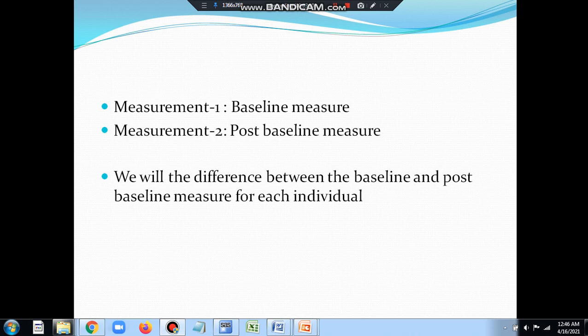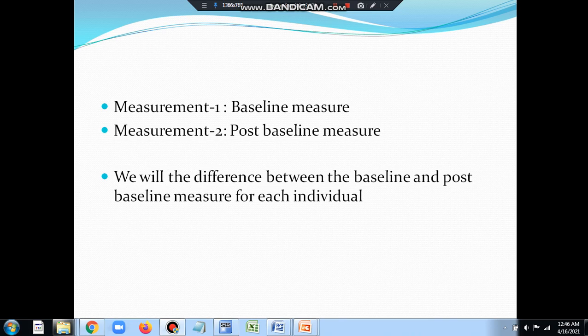A paired sample t-test can be performed not only in scenarios where we measure the same individual twice, but also in scenarios where we have two samples that are similar in all respects. For example, variables such as weight, age, gender, etc., all those variables which can have an effect on the dependent variable.